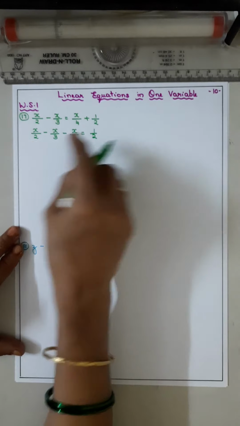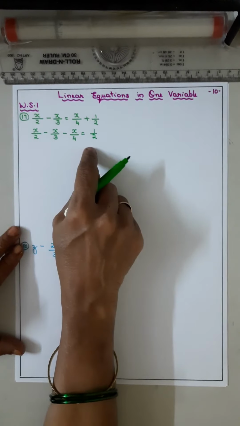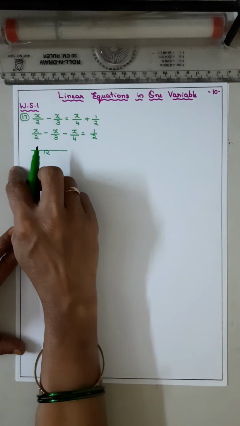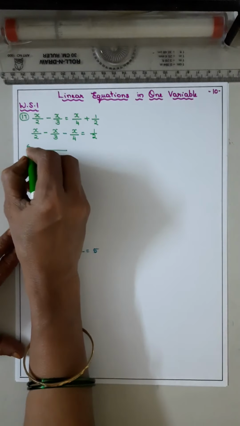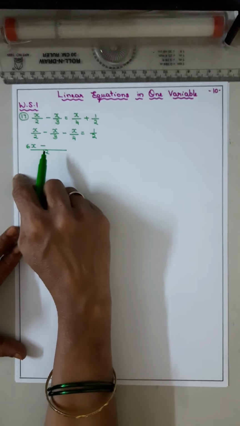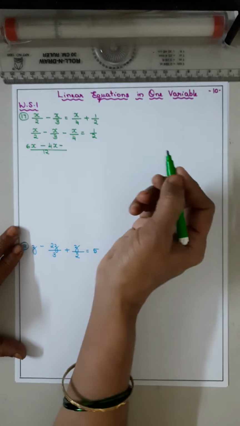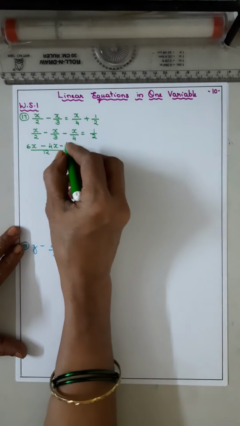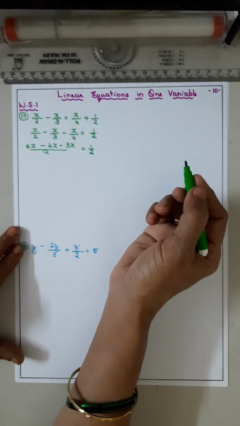Now here it will be 2, 3 and 4. What is the LCM? It is 12. 2 6s are 12. 6 into x is 6x minus 3 4s are 12. 4 into x, 4x minus 4 3s are 12. 3 into x, 3x is equal to 1 by 2.